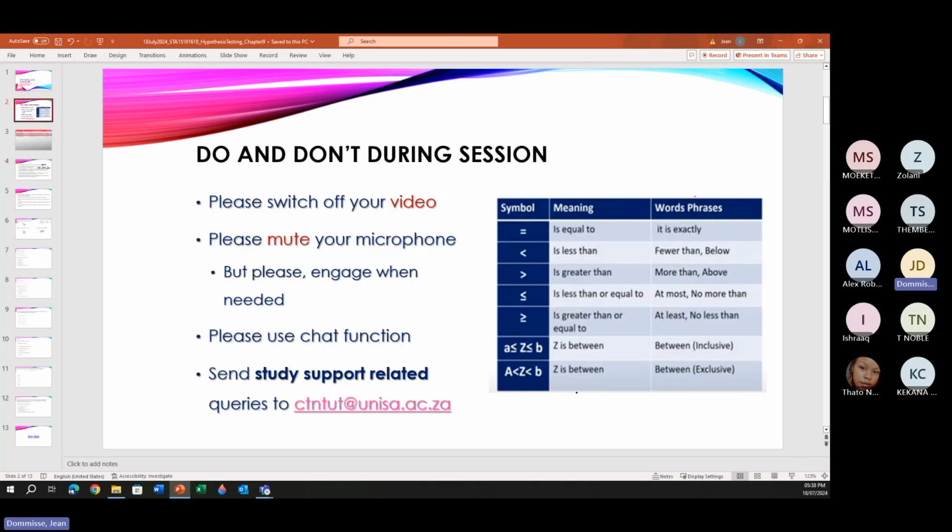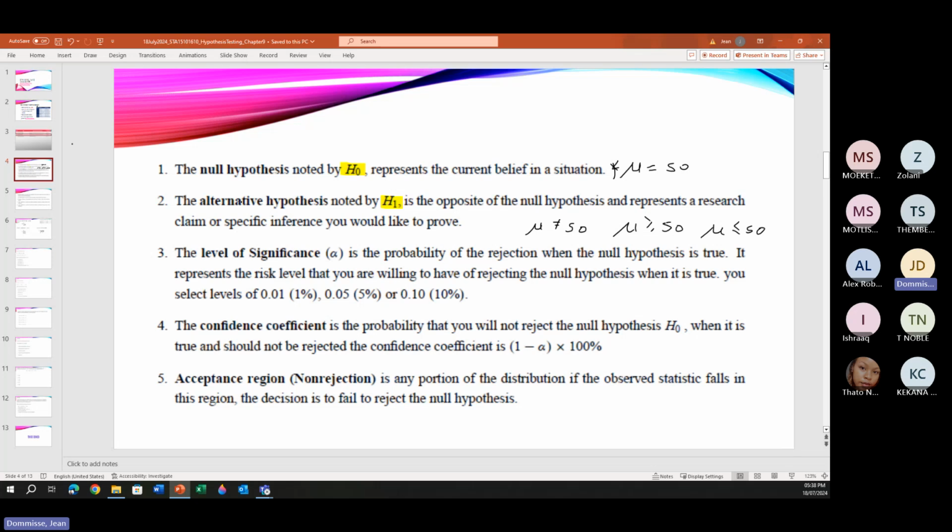We will then go back to the table that I've included in nearly all our discussions thus far, so that we can look at what the symbol is. So the first thing is that we will have a null hypothesis and an alternative hypothesis.